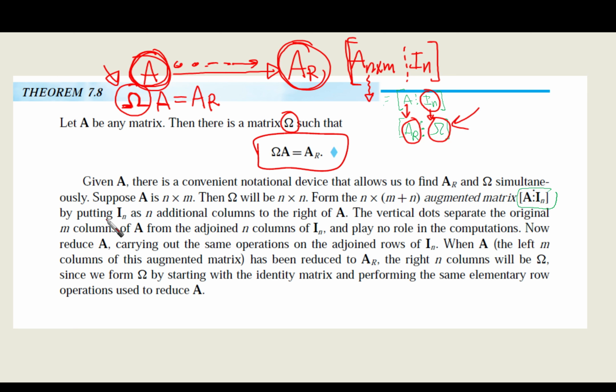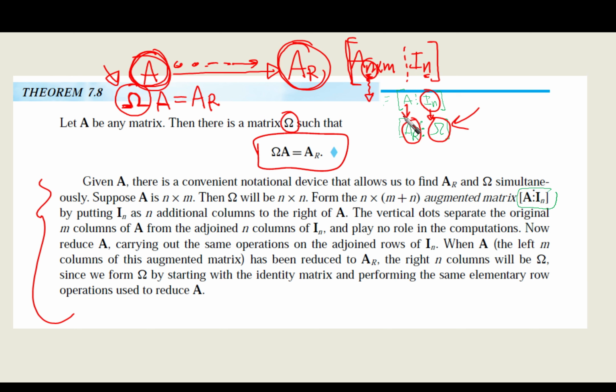This is the explanation of what I've just said. We form the augmented matrix, which is the original matrix A on the left, with I_n added to the right. Take care: I_n is the identity matrix based on the number of rows of the original matrix.